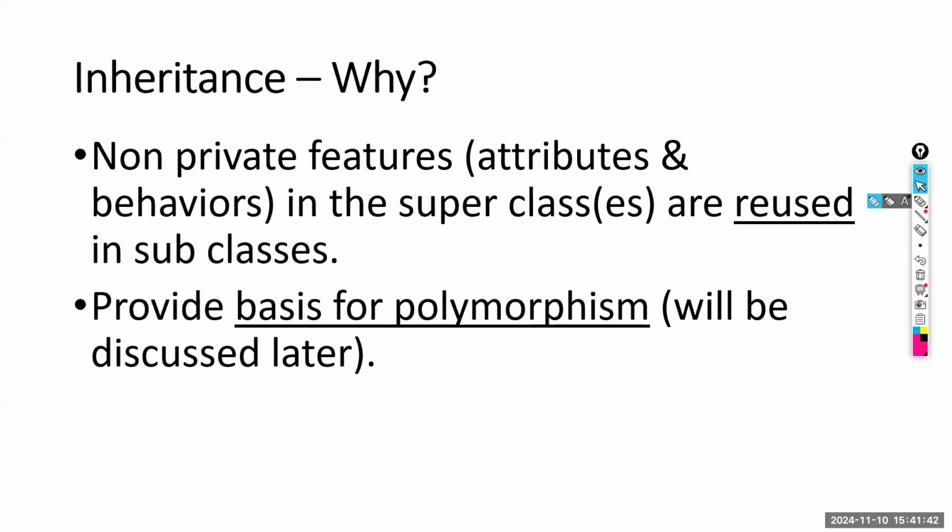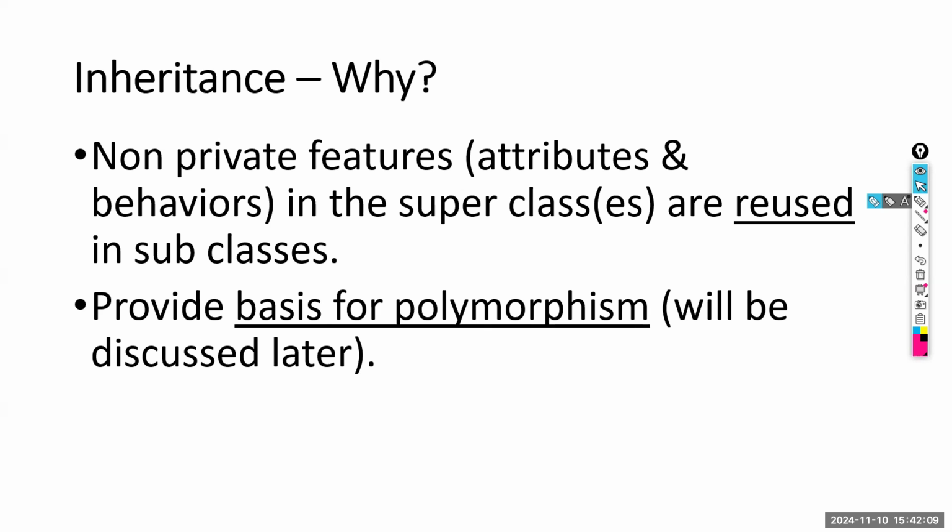And also, inheritance of class hierarchies facilitates the next object-oriented concept, that is polymorphism. So without an inheritance hierarchy, you can't use the concept of polymorphism. Still, we have not discussed that. Polymorphism is the hardest concept to understand in object-oriented programming.